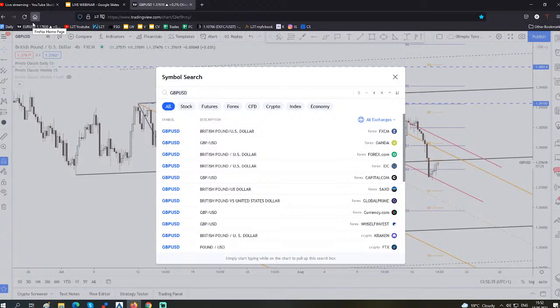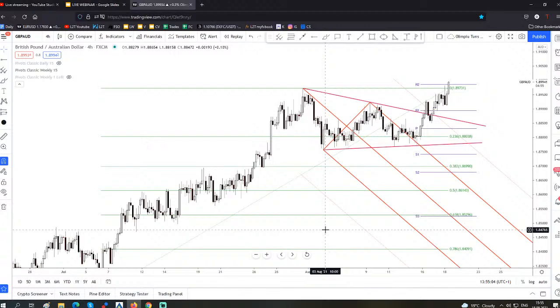GBP versus the Australian dollar, I will hide this setup from here because it was only a personal setup. And yeah, right now for me it's too late maybe to go long here in the British pound versus the Australian dollar, because yeah, we had this breakout here, retest, and here new higher high, signaled the potential upside continuation in the short term on the British pound versus the Australian dollar guys.